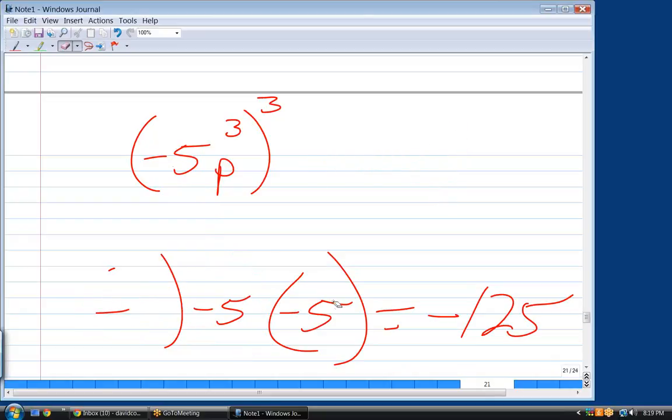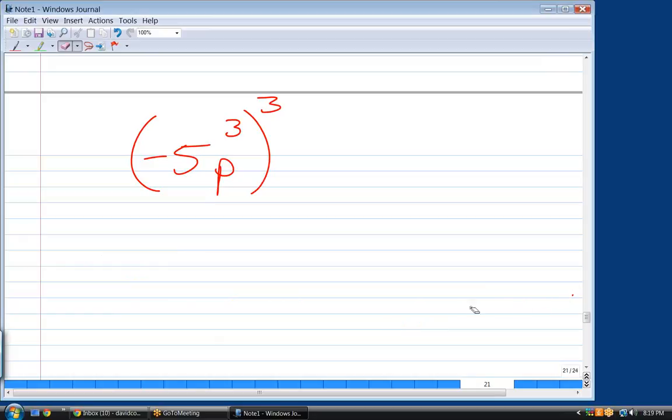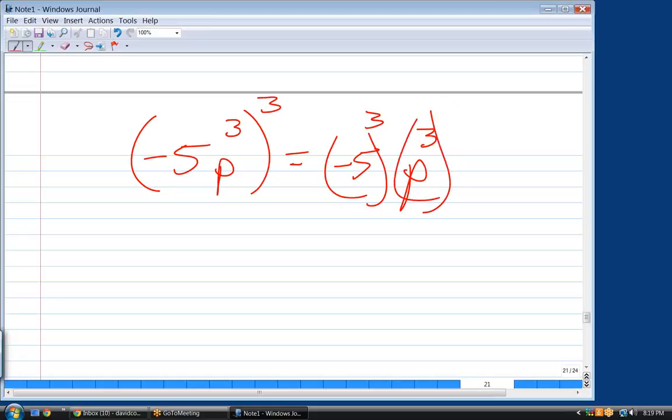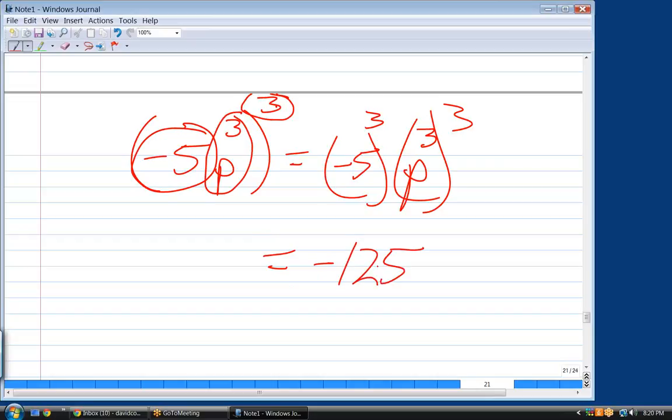Whenever we have something like this, it's the same as negative 5 to the third times p to the third to the third. In other words, I apply the 3 to the negative 5, and I apply the 3 to the p to the third. So negative 5 cubed is still negative because it's an odd exponent. And p to the third cubed is very simple, multiplication, because I have double exponentiation going on there.